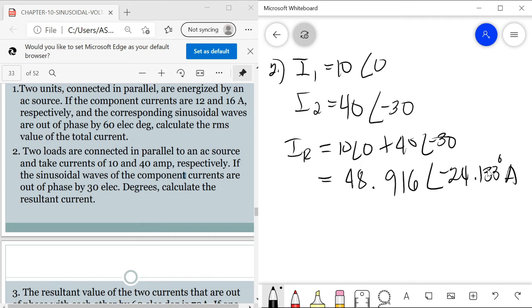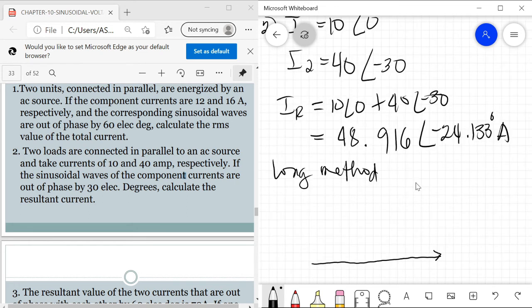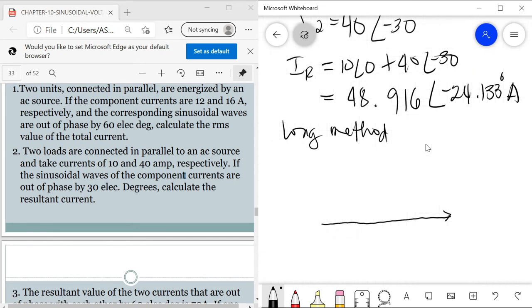So let's try the long method. We will draw the vectors. This is our reference x-axis and our I1 is 10 angle 0. So nandito yung 10 in phase with the reference angle 0.